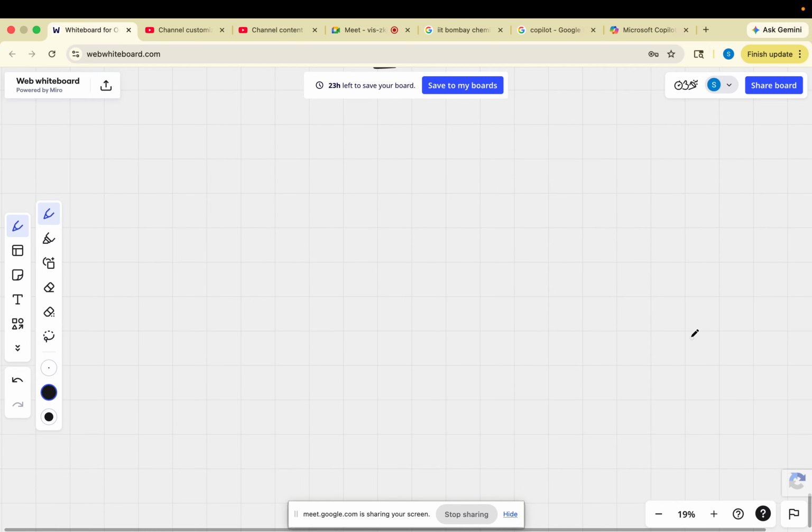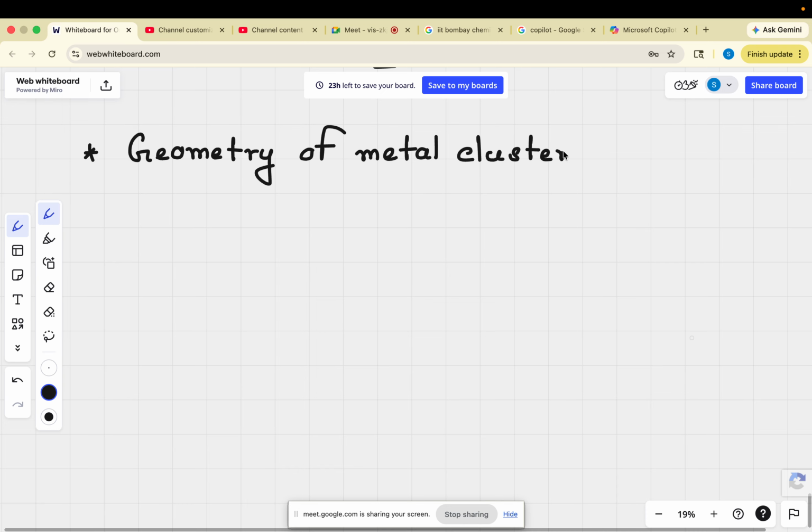Now next write down that geometry of metal cluster. Okay, so geometry of metal cluster.